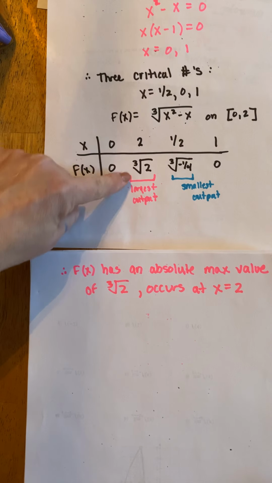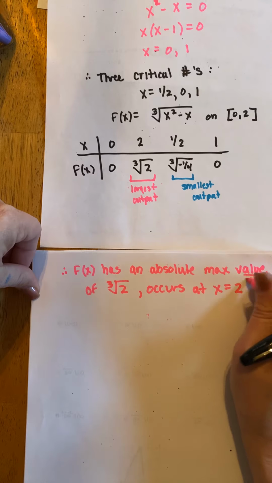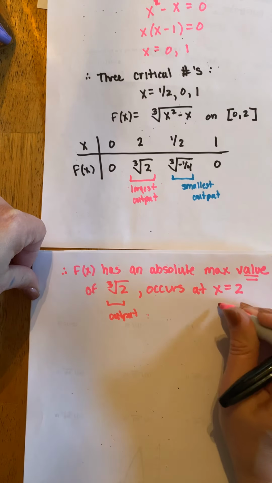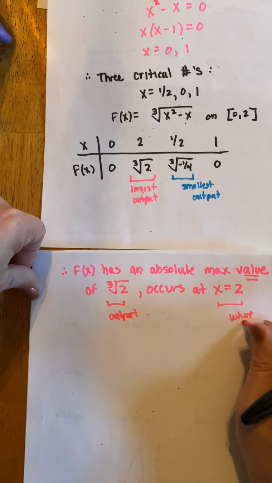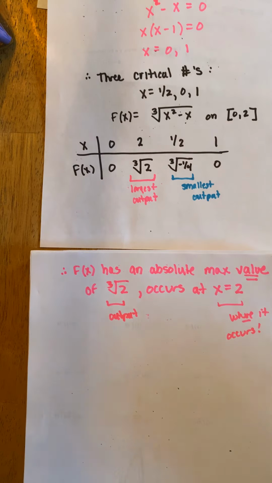So the input 2 gives me the largest output on this interval. If the question asks for the value, make sure you give the output. If it asks where it occurs, it's looking for the input.